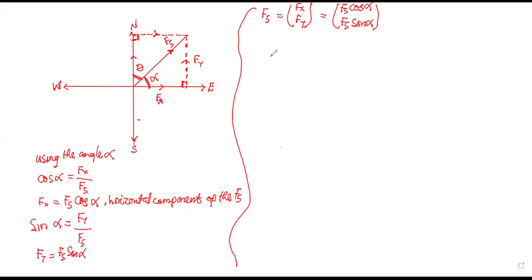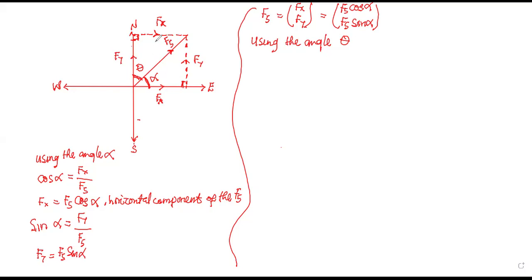So using the angle theta, the opposite side to theta is still Fx because it's along the x-axis or the east. Then the adjacent side of theta is still Fy because it's along the y-axis or north.